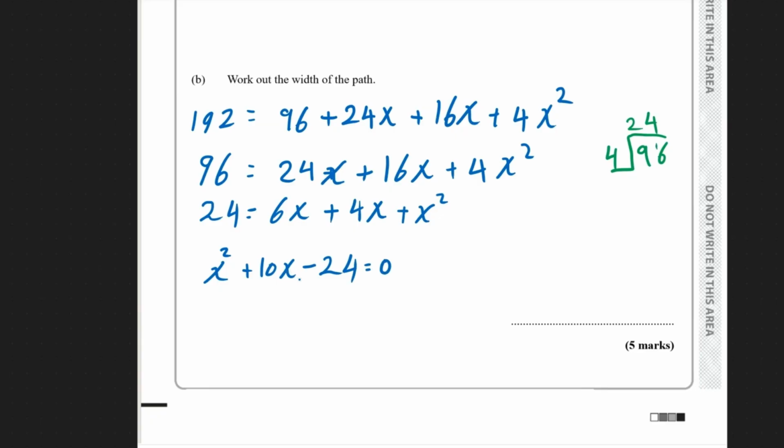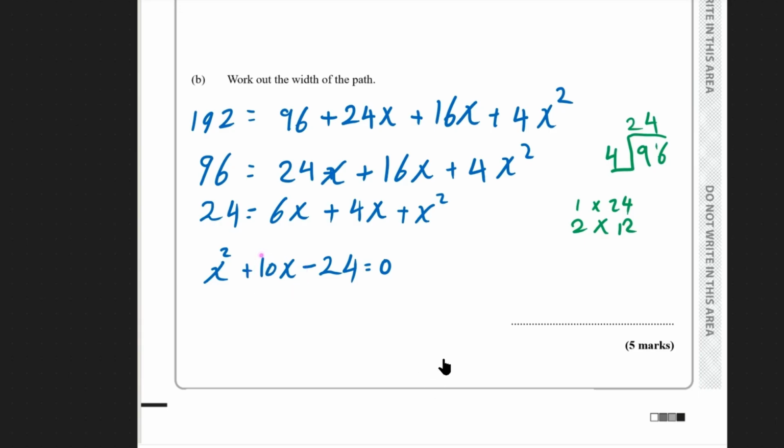Now we need to find two numbers that multiplied together become 24. If we say 1 times 24, this doesn't work because we need to get the middle number, which is 10. So try other numbers. 2 times 12, if added together, becomes 14. If taken away, becomes 10, which could meet the middle number, 10x.